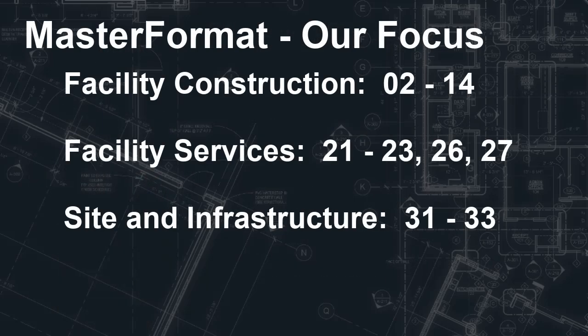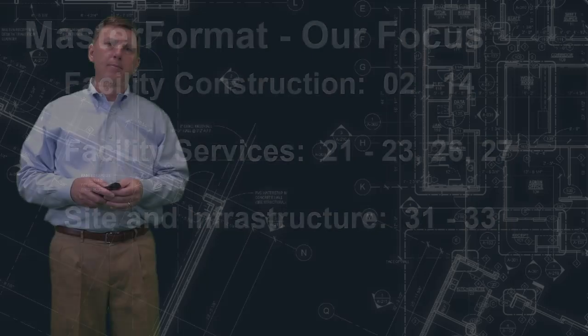We're really focused on the ones that you're going to see often, such as fire protection or fire suppression in 21, or plumbing in 22, HVAC in 23, electrical in 26, communications in 27, and then earthwork in 31, exterior improvements 32, and utilities 33.